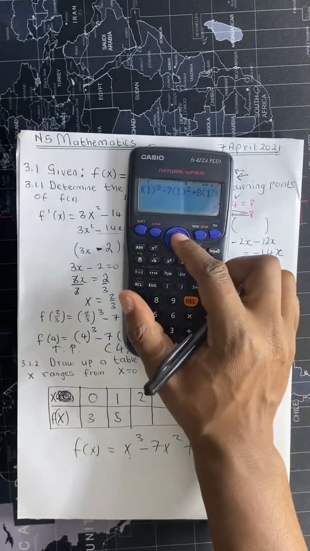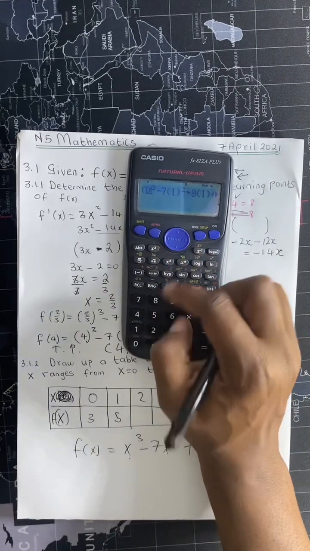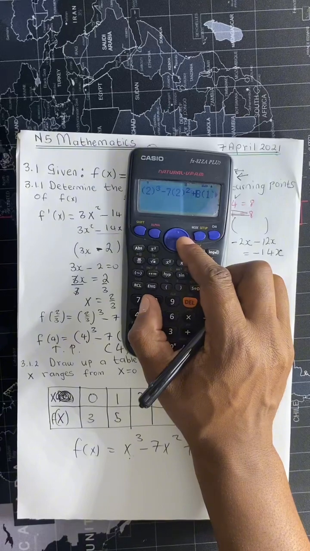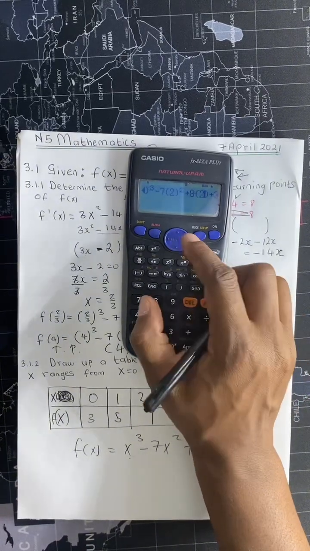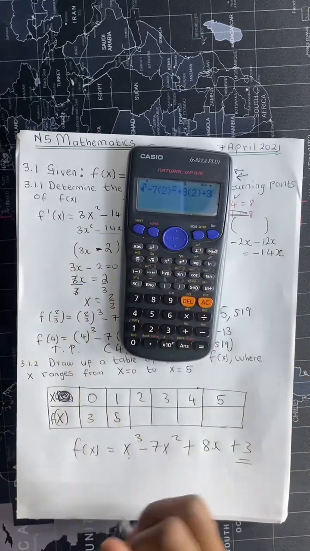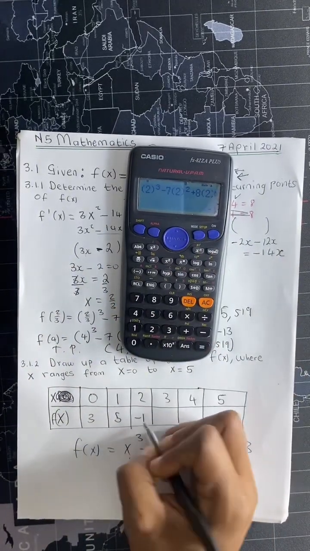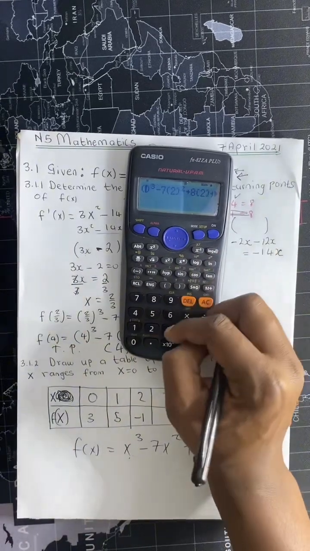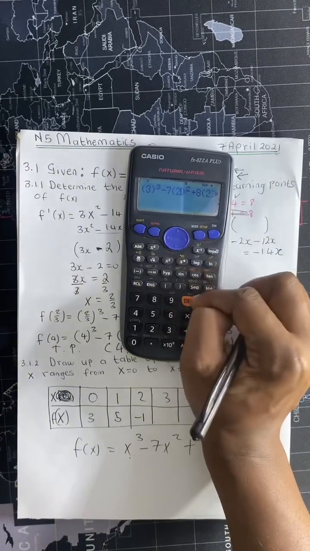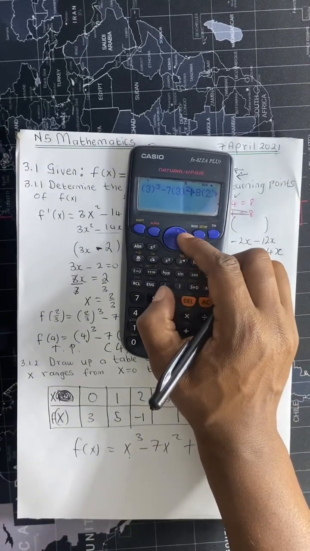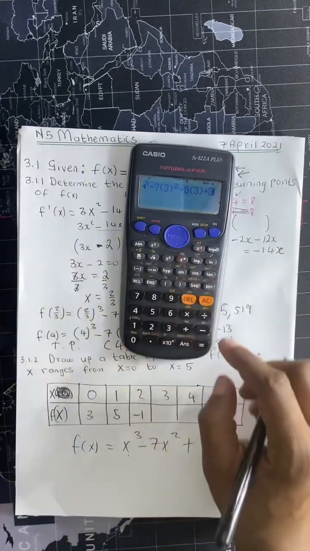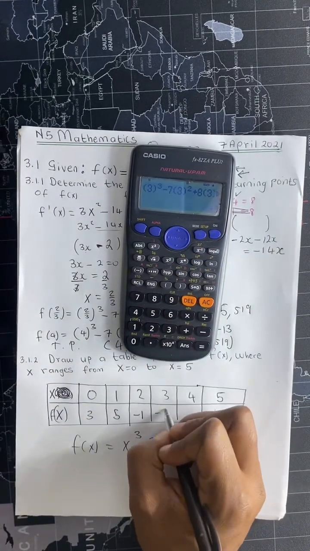So now where there is x, we put 2, and this will be equal to negative 1. And we substitute 3 where there is x, and this will be equal to negative 9.